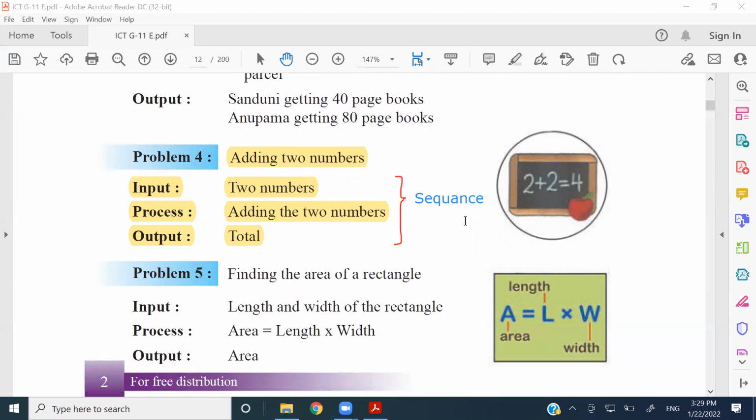Even in the previous example, if we think about the input and the output, those are sequences, but since there are a lot of steps in the process, that's why I separated only those instructions into what is sequence, what is selection, and what is iteration. So you can write the 4th problem as the second example, and indicate it as sequence.